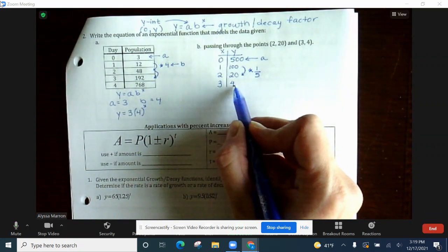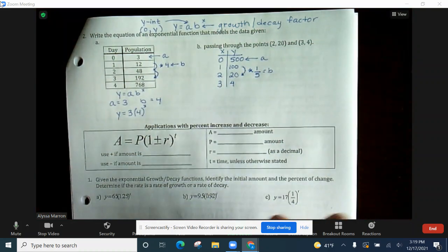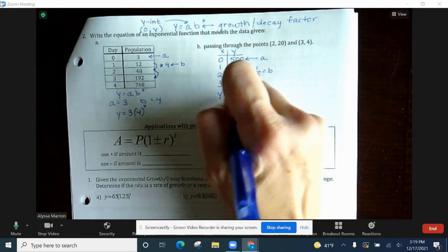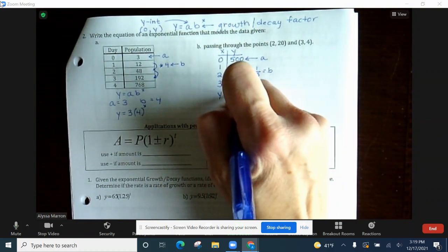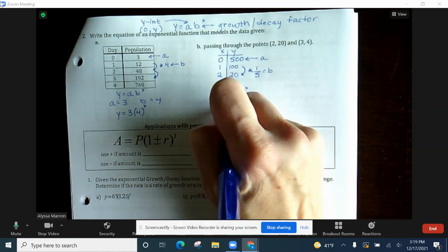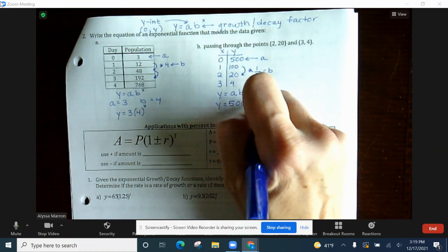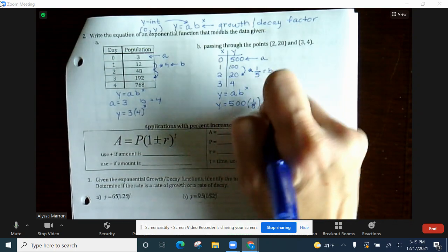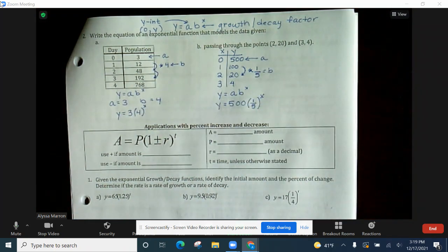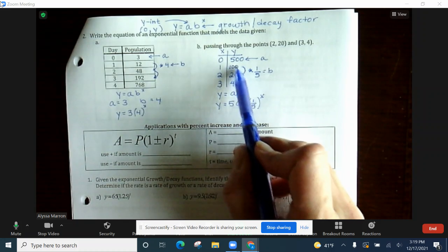Take a fifth of 20, we get 4, and so on. So that is our b value. So I'm ready to write the function. y equals a times b raised to the x. So we have 500 times our b value, which is 1/5, raised to the x.